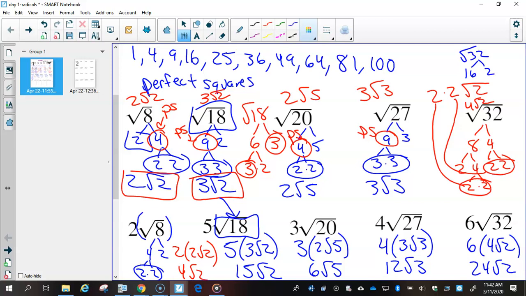The square root of 16 is what? 4. So if I said 16 is my perfect square, the square root of 16 is 4, the other factor would go inside. So if you like that method, you could definitely use it. Otherwise, keep doing your factor tree is what we're going to call that.